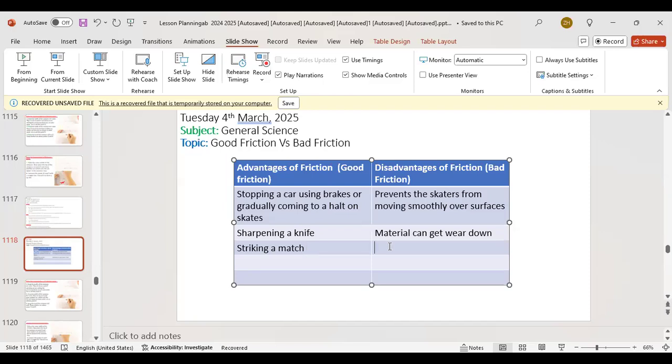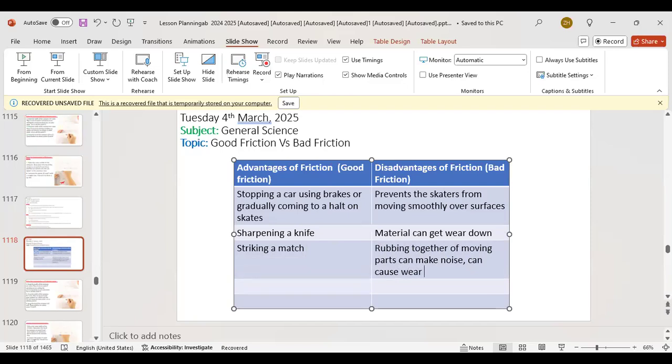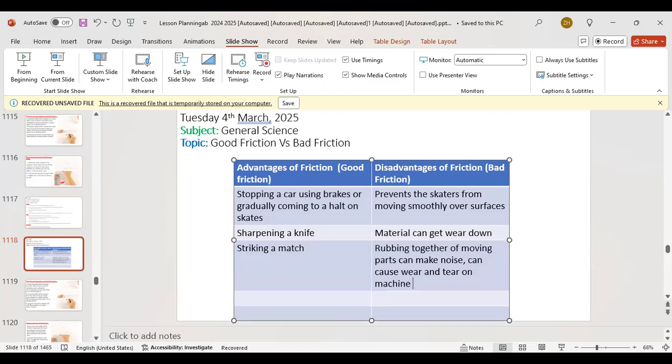But a bad side of friction is that rubbing together of moving parts can make noise. It can cause wear and tear on machines, on machine parts.